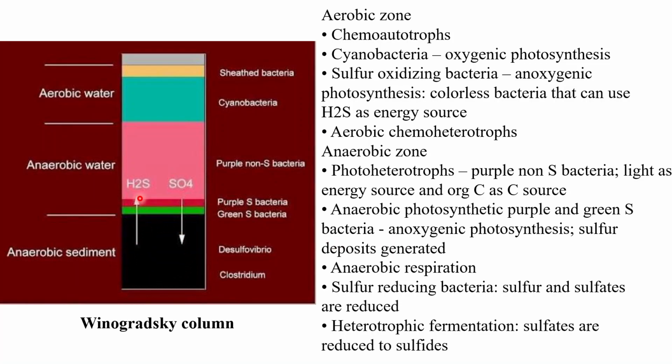And then at the bottom there will be anaerobic respiration, with sulfur reducing bacteria. These will reduce the sulfate into sulfides. When sulfide is combined with hydrogen, it is in gaseous form, right? H2S is a gas. So when the sulfur reducing bacteria present in the anaerobic sediment in the last layer reduce the sulfates, they produce H2S, and since it's a gas, it can move towards the upper region.